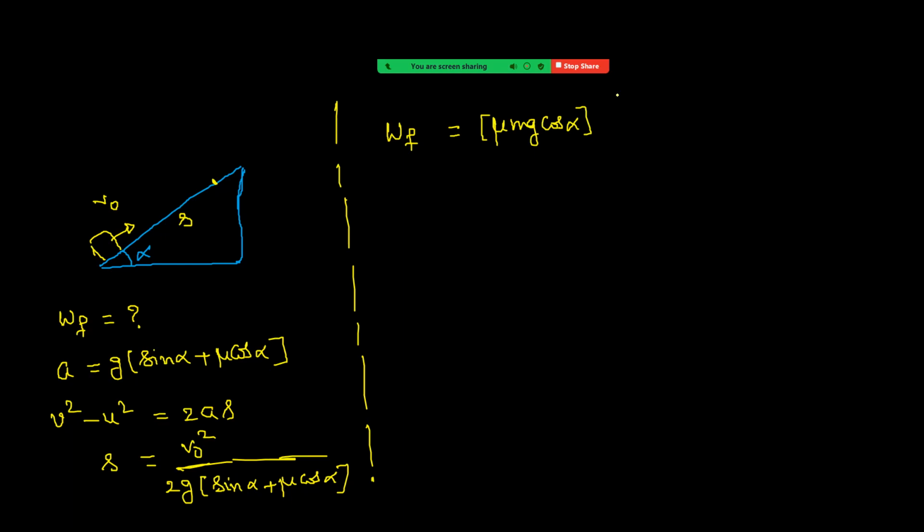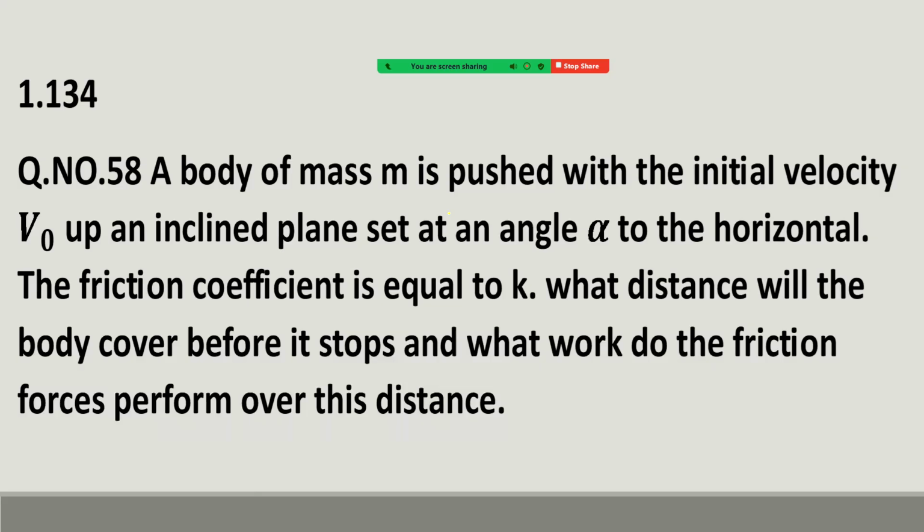Displacement is S, and S equals v naught square upon 2g into sine alpha plus mu cos alpha. Between these two the angle is 180 degrees, because displacement is up the incline but frictional force is down the incline. So the work is negative. It is a very simple and direct one. Let us see the next one.